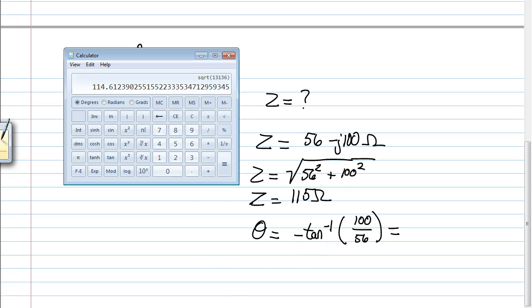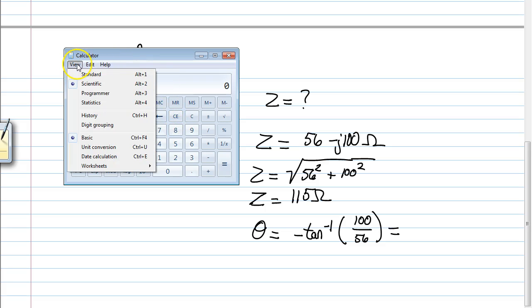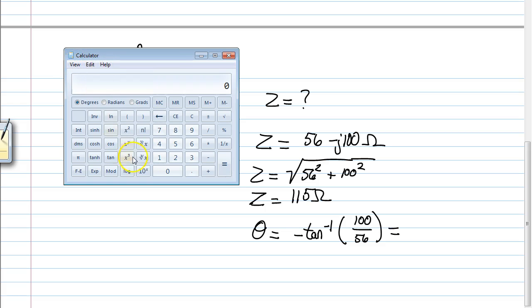For the calculator, it's very simple, and you can use the Windows one if you'd like. To do this computation, the easiest way is to take 100 divided by 56. You have to follow the order of operations when you use the Windows calculator. So 100 divided by 56 gives us that.